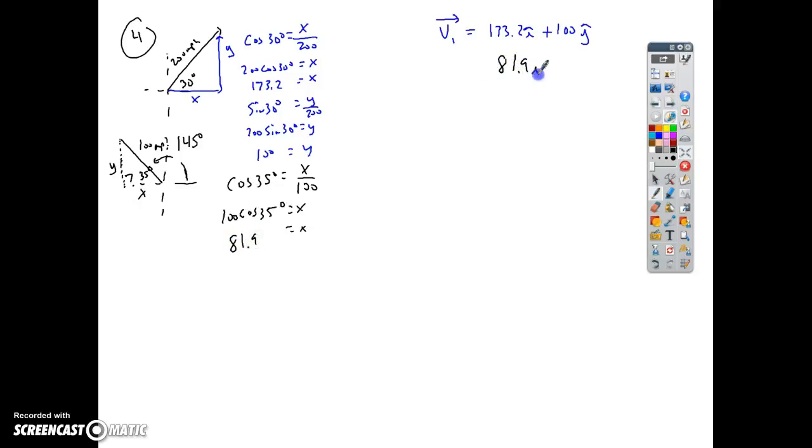Those of you who want to say something, just hold off a moment. Now I'm going to do sine of 35 degrees equals y over 100. So 100 sine of 35 degrees is equal to y. Y has to be equal to 57.4-ish.